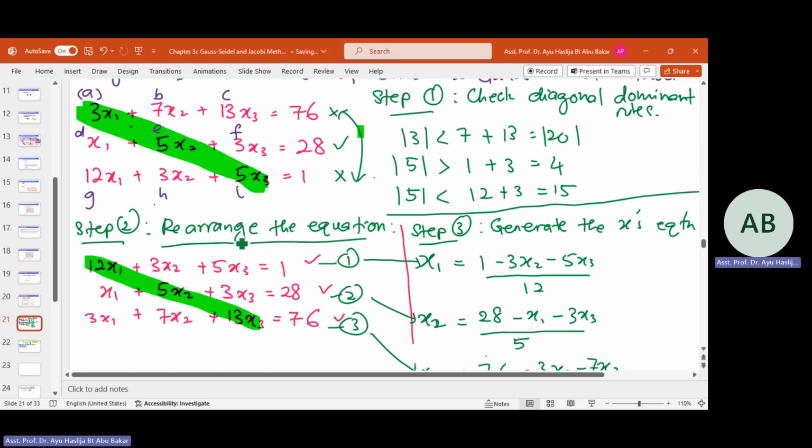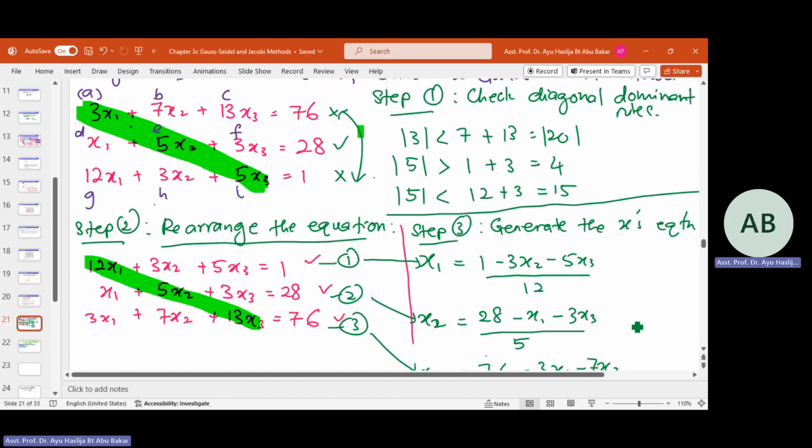Straight away, they rearranged the equation. So they lost some marks on step 1 over here. Here, step 1 also brings marks. You must prove whether it meets the rules or not. Okay, up to that.